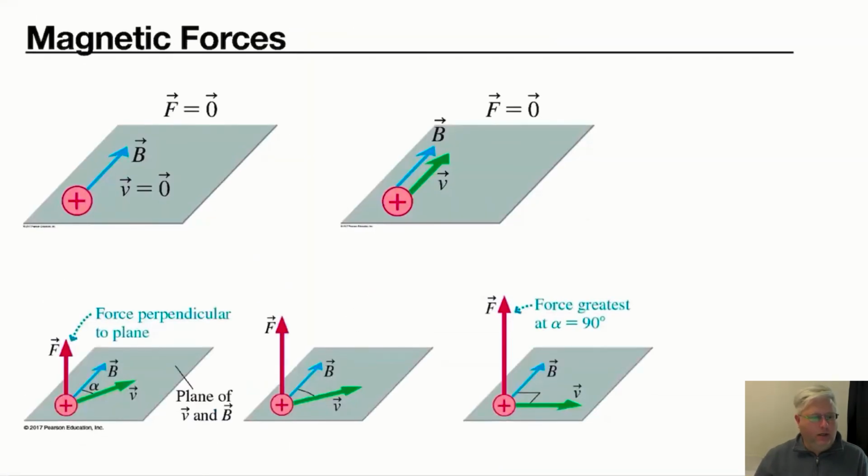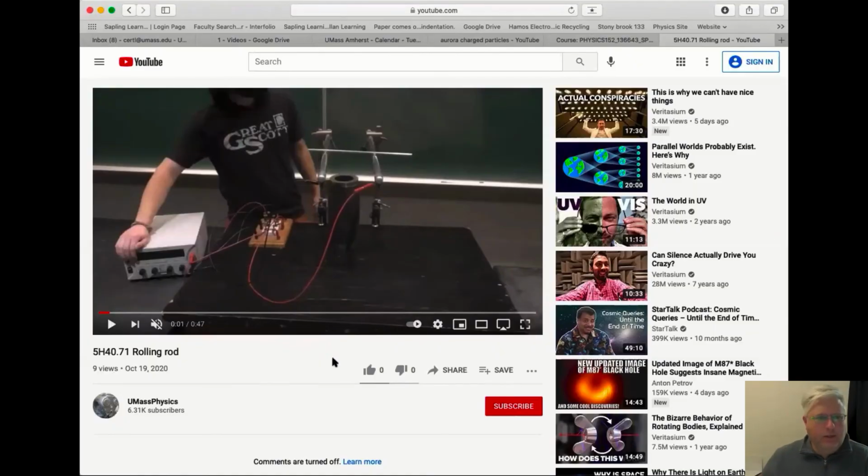So I want to show you the first time, actually, how we can see these forces in action. Okay, so here's this big giant power supply. It has a lot of current.